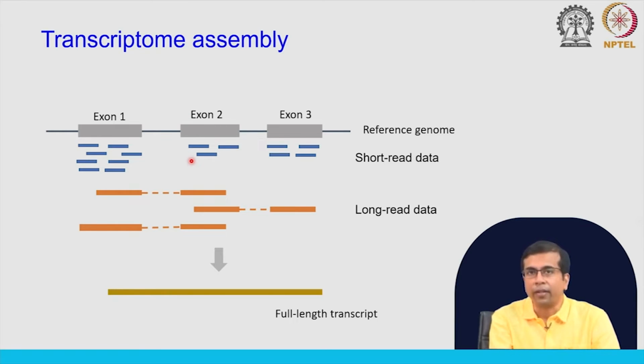With long read data, in many cases you will see reads spanning these junctions, which are splice junctions. One advantage of long read data is that you can identify which isoforms are expressed, because of the presence of these junctions in your data. So, we can take short read and long read data and assemble the full length transcript. How do you do that?